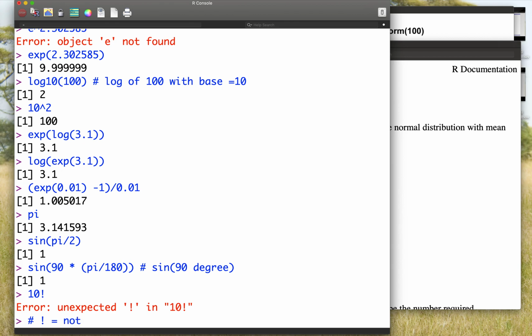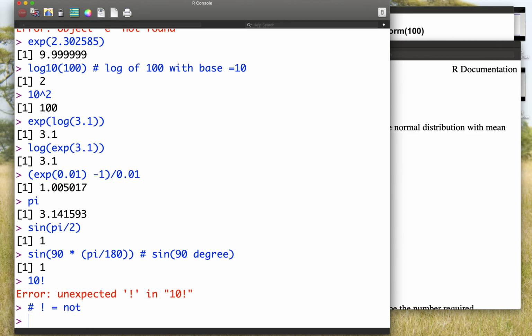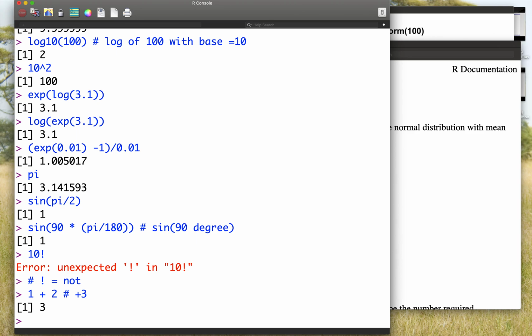Oh, by the way, this pound is the comment. So anything after the pound is ignored. For example, 1 plus 2 pound plus 3, then plus 3 is read as a comment. So R only recognizes 1 plus 2. So this becomes 3.